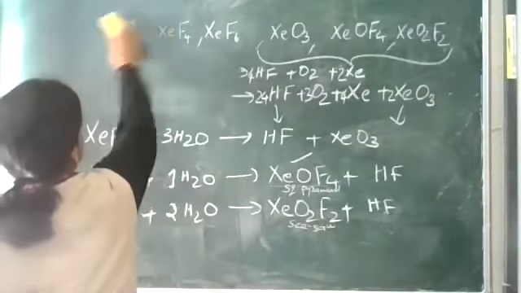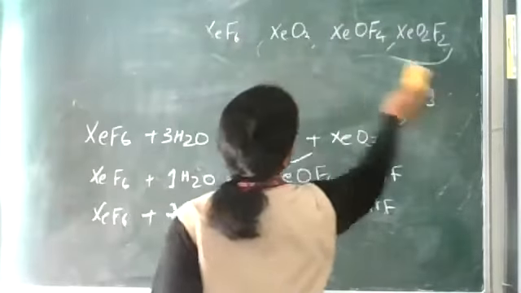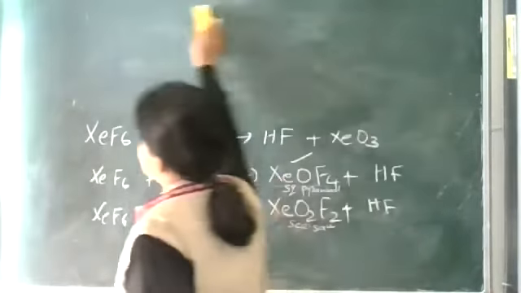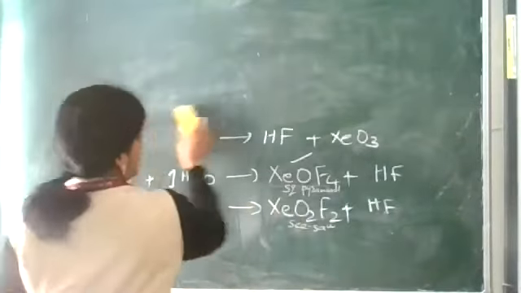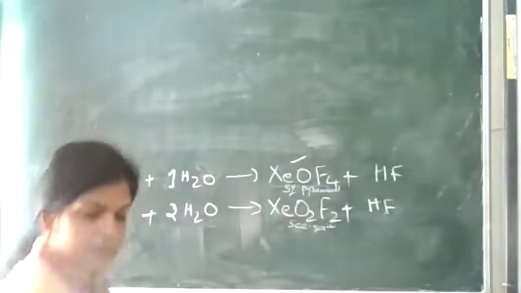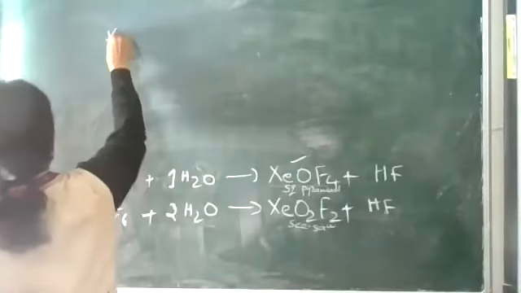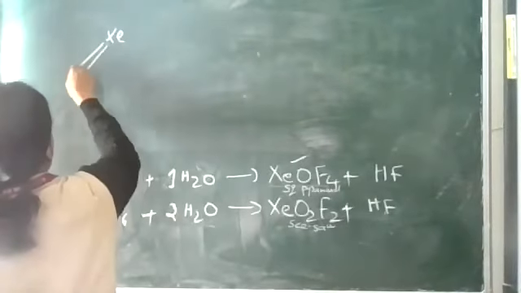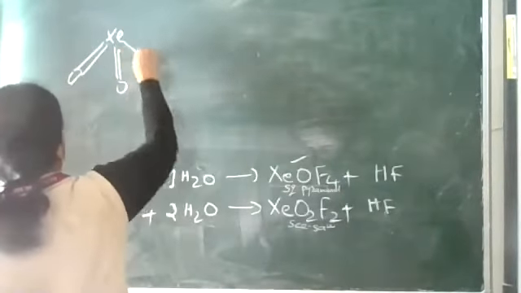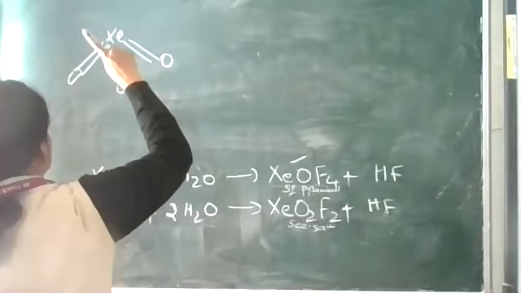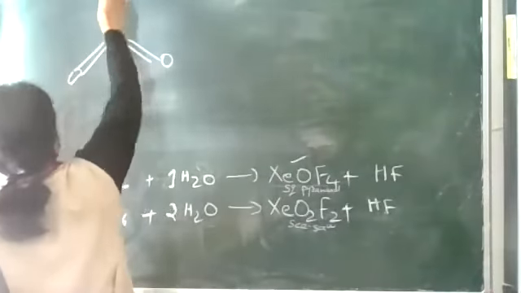So let's see the shape of these. XeO3: double bond O, double bond O, double bond O, and there is a lone pair.